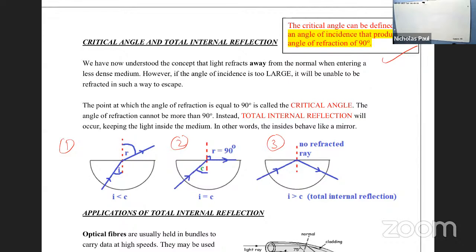All right, so today we learned about reflection, refraction, total internal reflection, and critical angle.